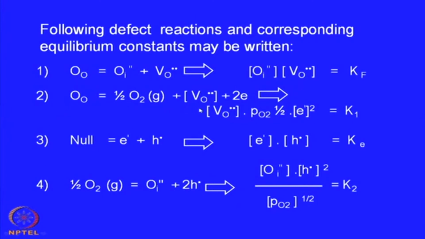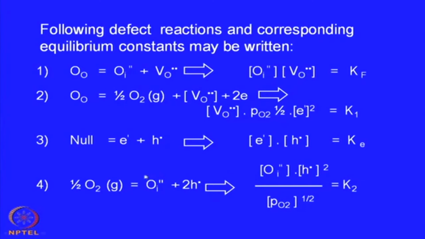Here we are considering oxygen vacancy at a very low PO2, but at a very high PO2 this oxygen from outside can go into the solid in the form of an oxygen interstitial, because we have already assumed that oxygen vacancy and oxygen interstitials are the predominant defects here.